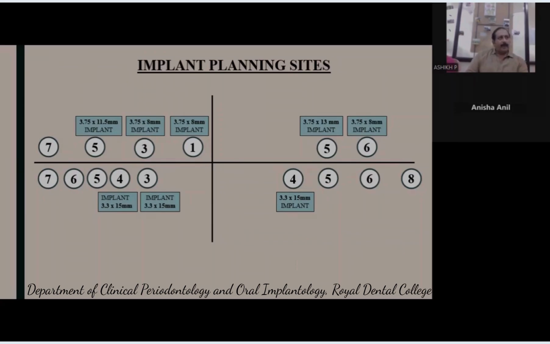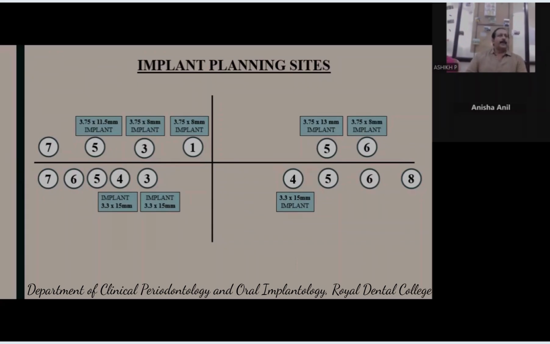If the number of implants is not sufficient, then you give more importance to the diameter of whatever implants you have placed. If the diameter is deficient or somewhat compromised, then you go in for longer implants. Diameter plus longer implants are good. But choosing one over the other, it is diameter.